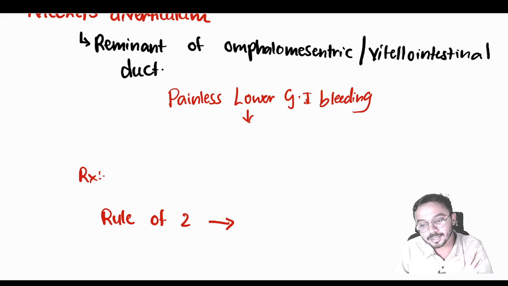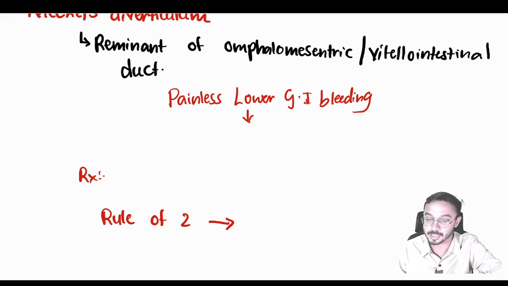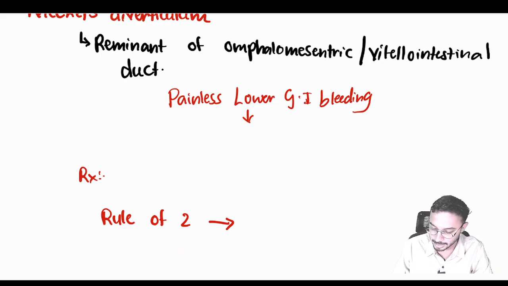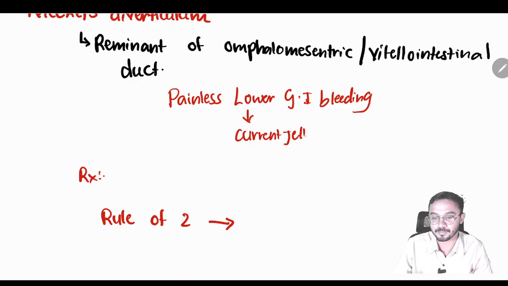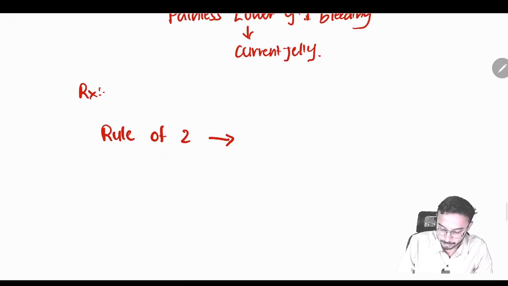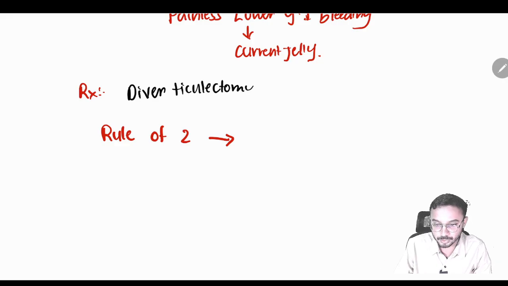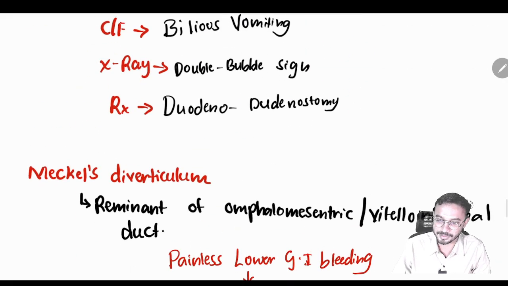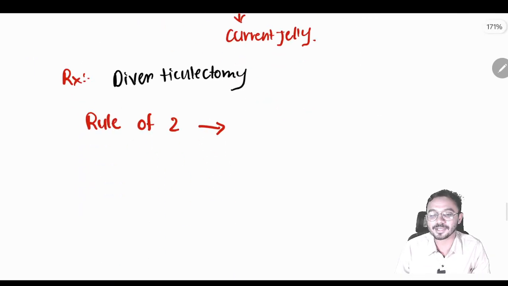No, red currant is intussusception; I will discuss it. Currant jelly-like stools. Currant jelly stool is seen in Meckel's diverticulum. Please go through this. And what is the treatment? Diverticulectomy. Don't confuse it with duodenostomy; the name itself will indicate.